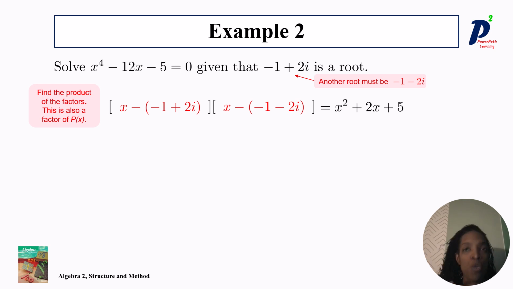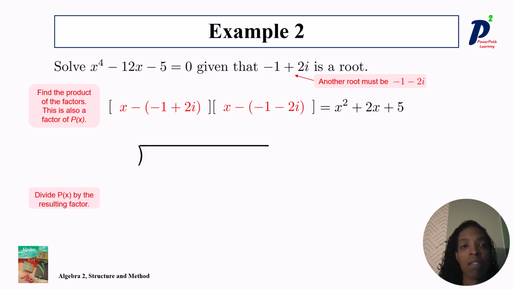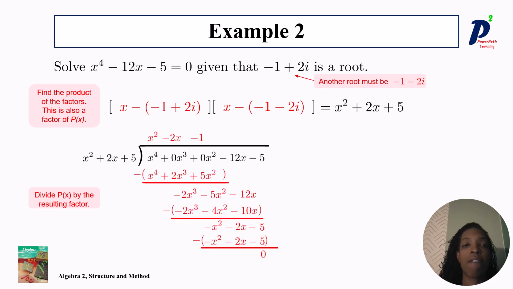Now, this is a new factor of our fourth degree polynomial, so we can use long division to actually divide x to the fourth minus 12x minus 5 by x squared plus 2x plus 5. And I get my answer, which is x squared minus 2x minus 1.